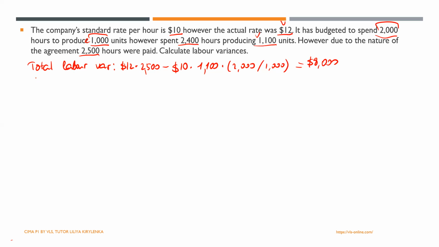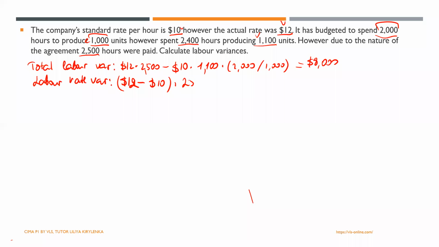Now let's break it into labor rate variance. And to calculate labor rate variance, we will need to take the actual rate, which is 12, less the budgeted rate of 10. And we will multiply that by actual hours. Okay, so we will need to take the actual hours that were paid.